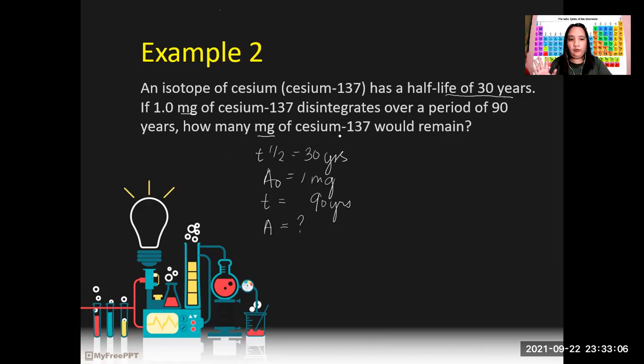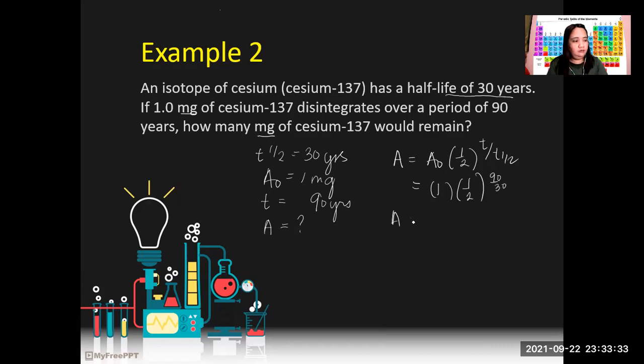So we go back again to our original formula: A equals AO times 1/2 raised to T over T 1/2. We're looking for A. So substitute 1, then 1/2, and then T, which is 90 over 30.